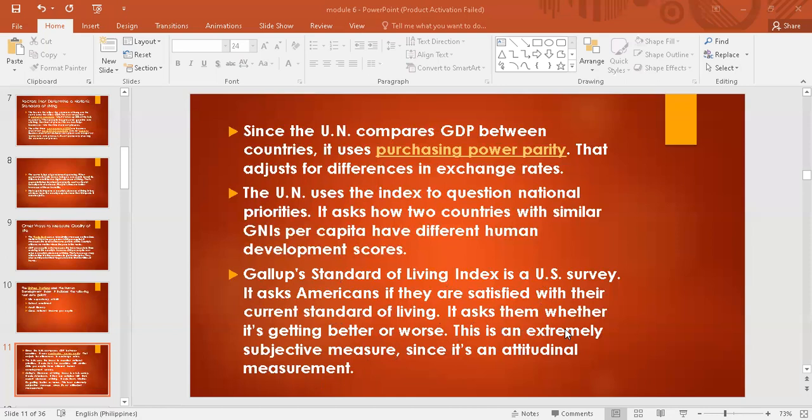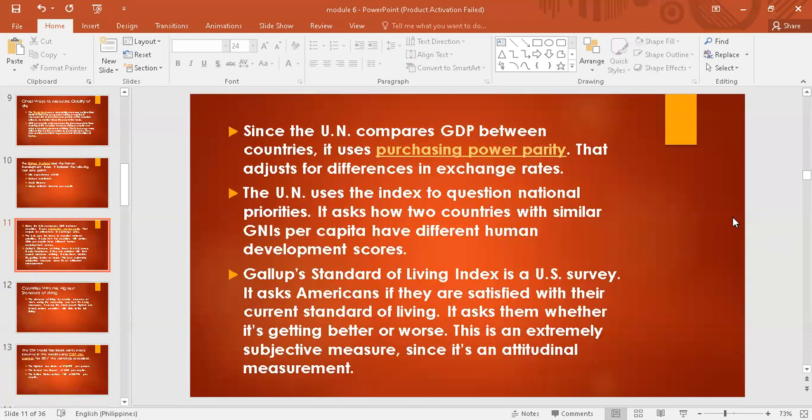Halimbawa, yung mga taong hindi umaangat yung estado ng pamumuhay, they will tell you that it's getting worse, di ba? At yung may improvement sa buhay nila, they will rate that the standard of living is getting better. Attitudinal measurement yon, subjective kumbaga.